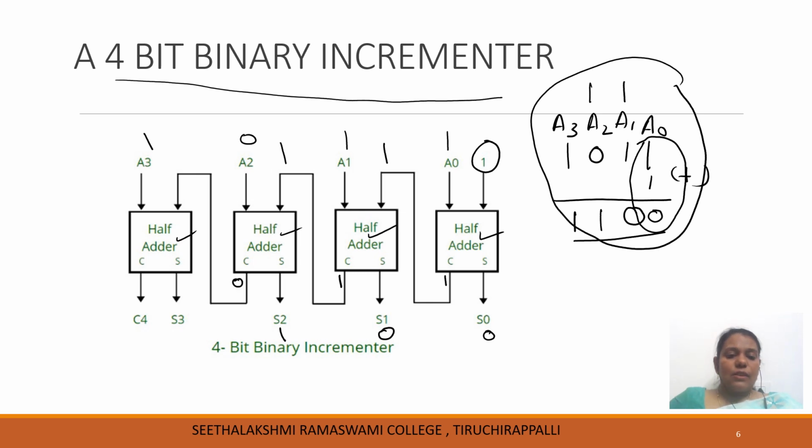So this 0 is taken to the next half adder where the input of the half adder becomes 1, 0 and when it is added the sum will be 1 and carry will be 0. So the same result is obtained. So this is how a 4-bit incrementer works.